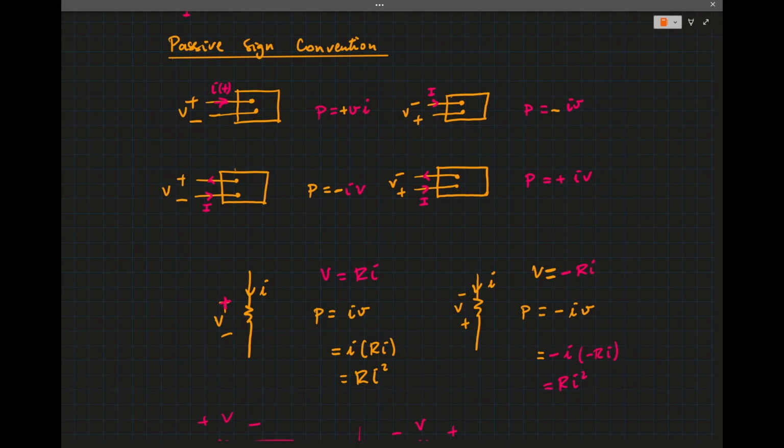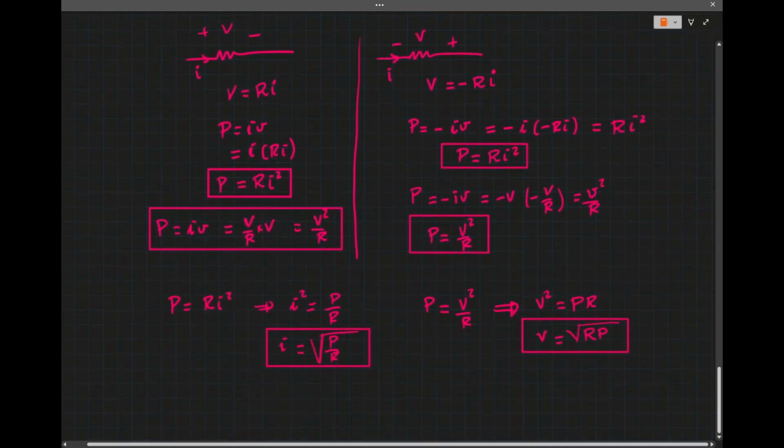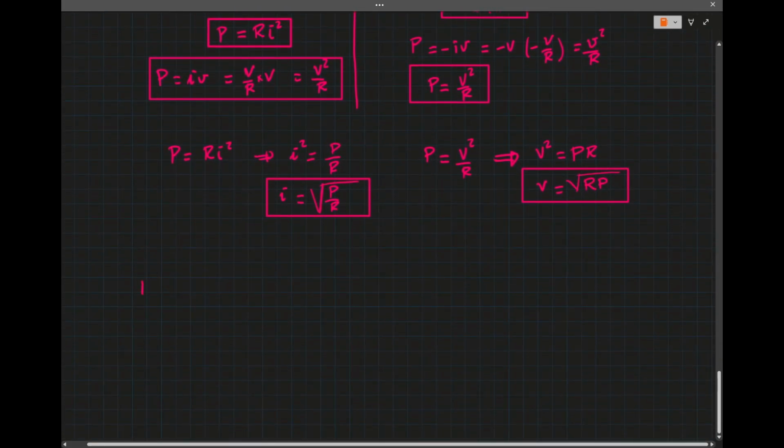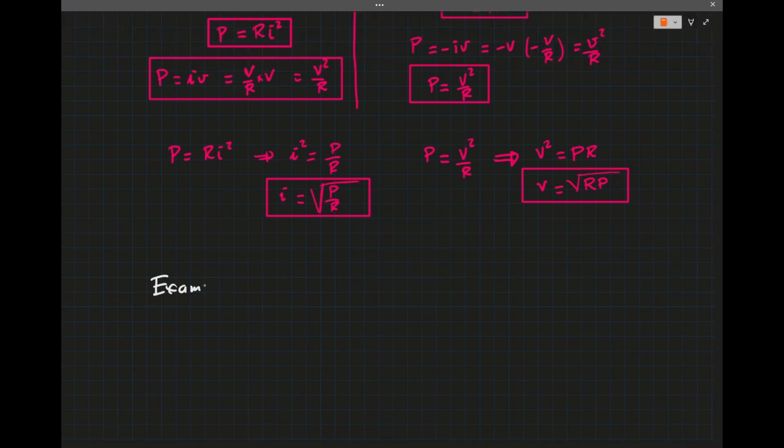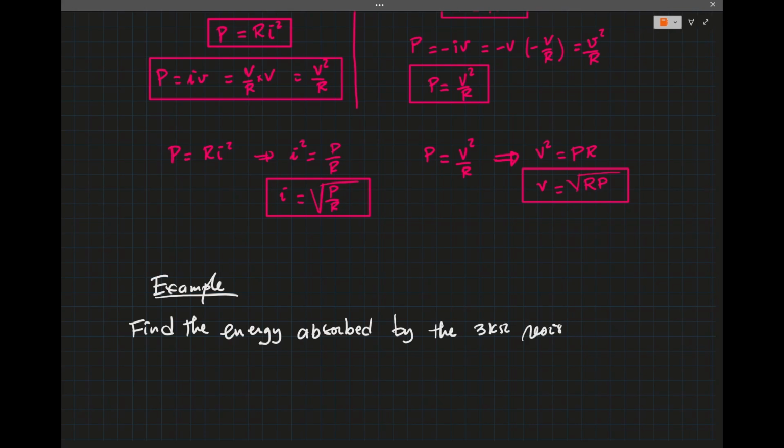So let's do an example. Find the power or the energy absorbed by the 3 kilo ohm resistor in the circuit below.